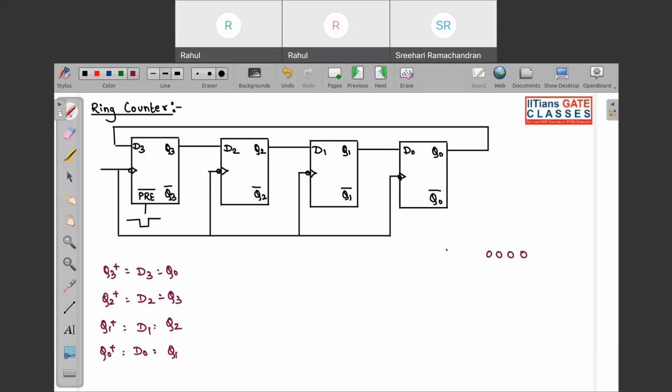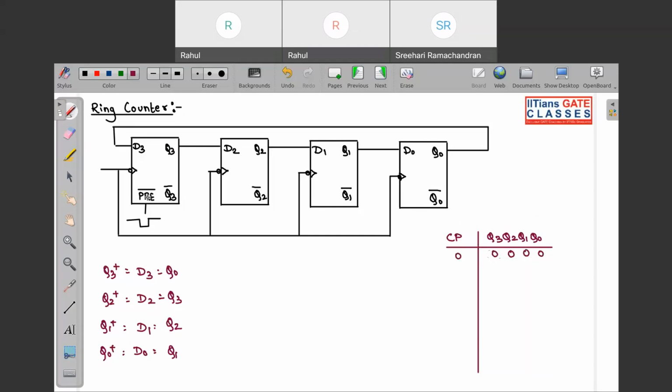So initially, at clock pulse 0, let us assume all the flip-flops are reset.